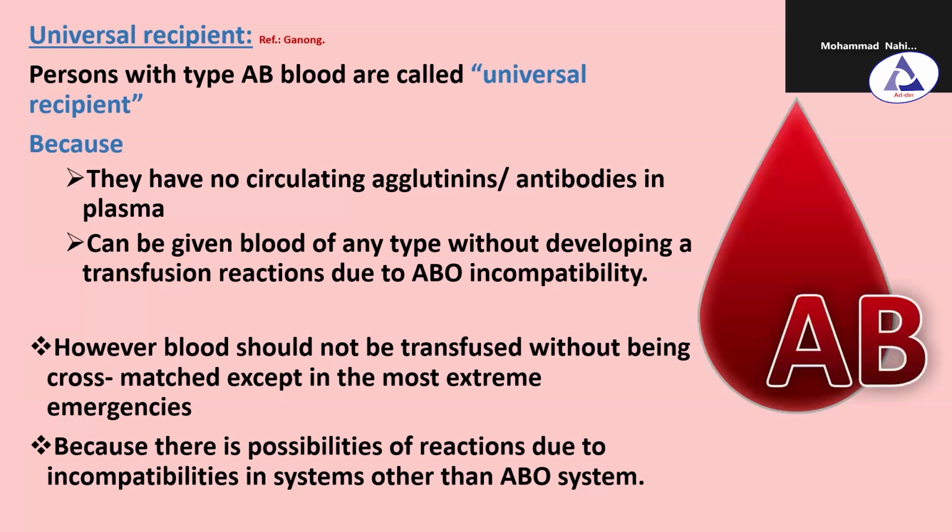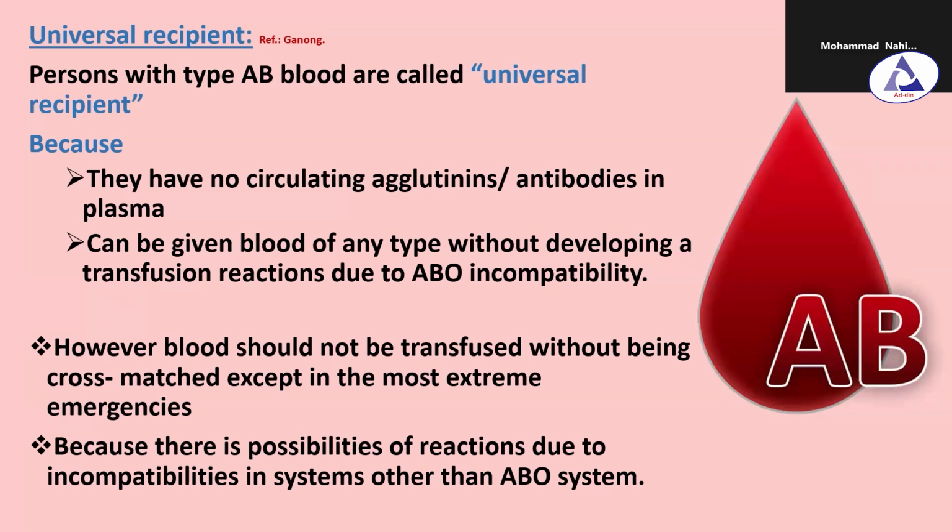However, this information you have to keep in your mind. Blood should not be transfused without being cross-matched except in the most extreme emergencies because there is a possibility of reaction due to incompatibilities in systems other than the ABO system.